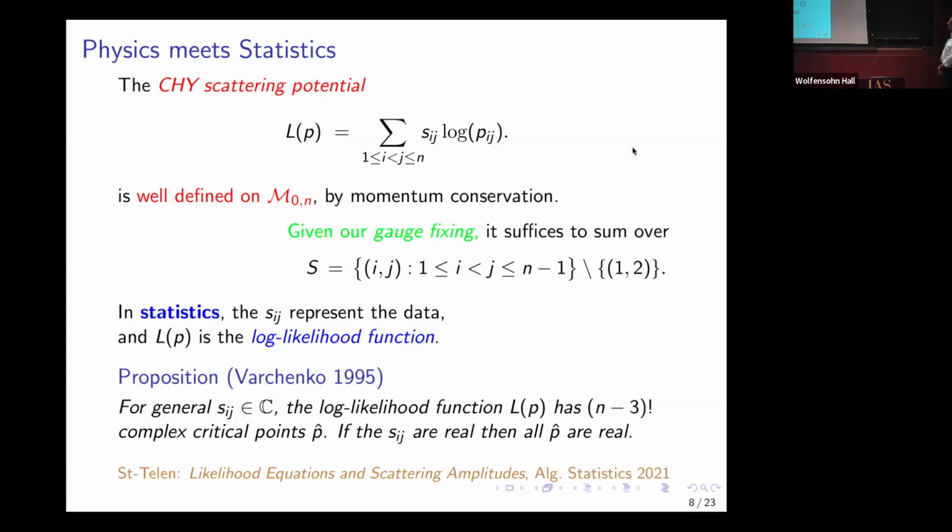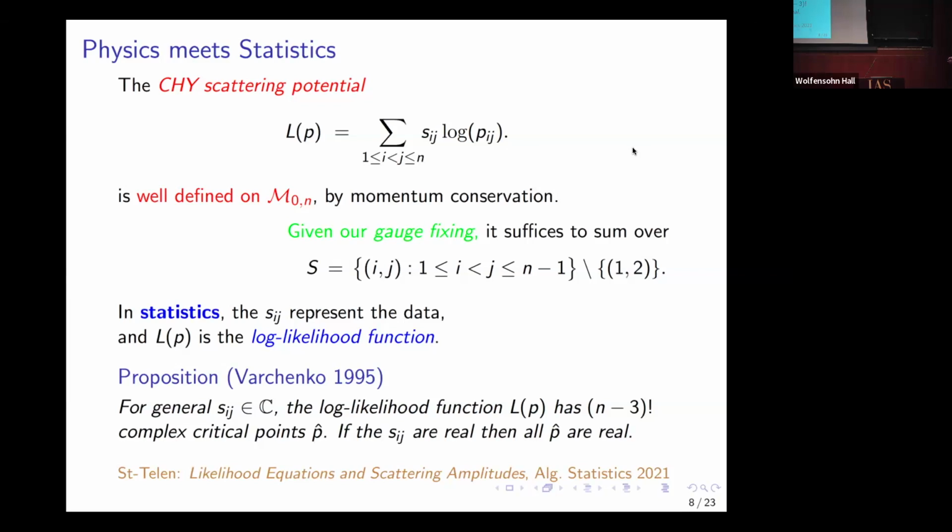And we have the following familiar theorem. So if the Sij are general, maybe let's say complex numbers, then the log likelihood function has n minus 3 factorial, that is to say dimension factorial, many complex critical points. Now, moreover, if the Sij are all real numbers, then all the complex critical points are real.